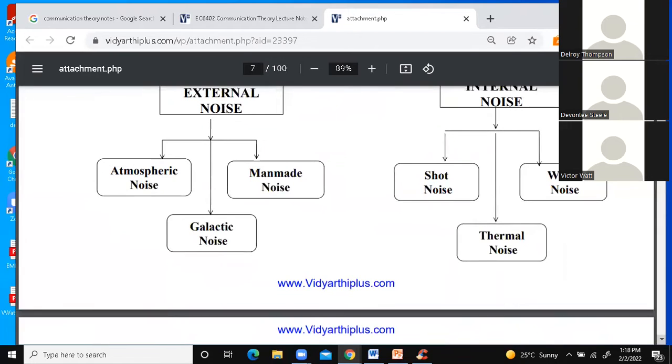So, examples of internal noise from the atmosphere are man-made or galactic.